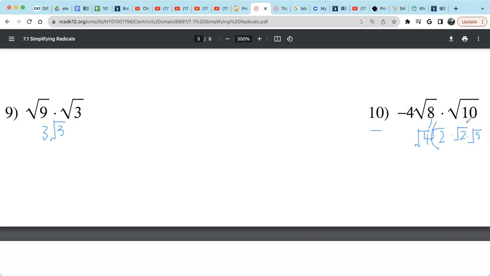These two become square root of 2 squared, which just becomes 2. Square root of 4, of course, is a 2, but we had -4 in the beginning. So then what's left? We're left with the square root of 5. So 4 times 2 times 2, 4 times 4, -16. So the answer for 10 is -16 square root of 5.